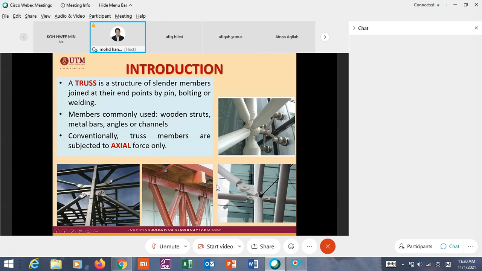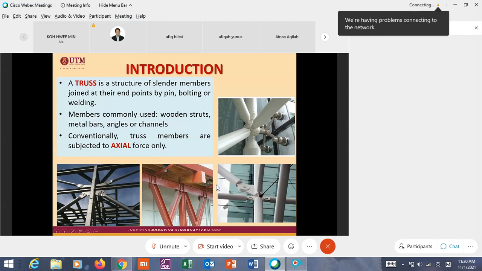Because of these three assumptions, a force that tends to elongate the member we call tensile, and the opposite is compressive. We have learned about this in statics.